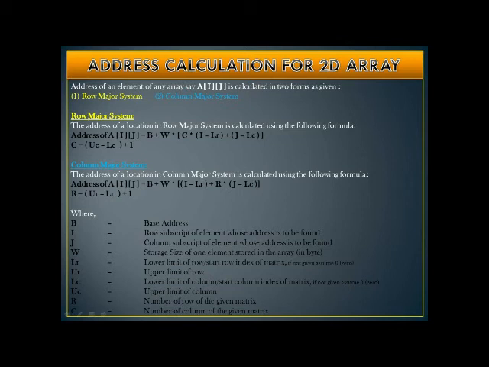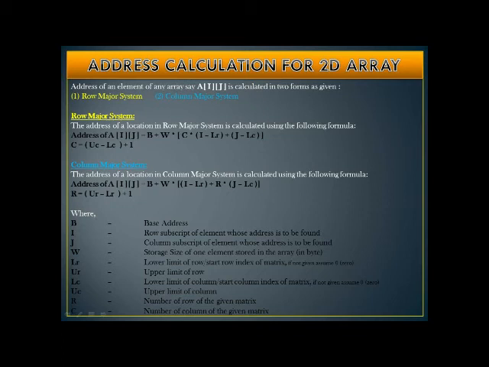This is the only difference in the formulas. So it's very easy to remember the formula, where C, that is the number of columns, can be calculated by UC minus LC plus 1, upper limit of the column minus lower limit of the column plus 1.